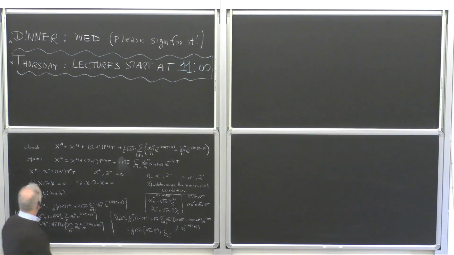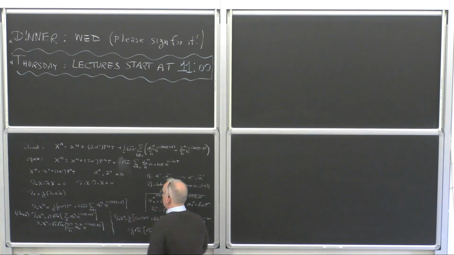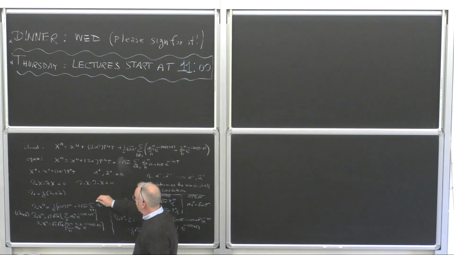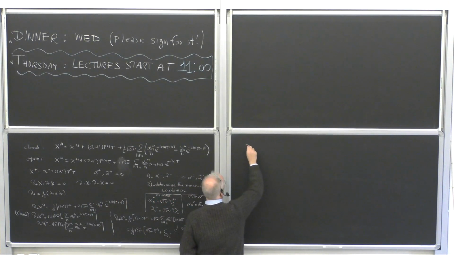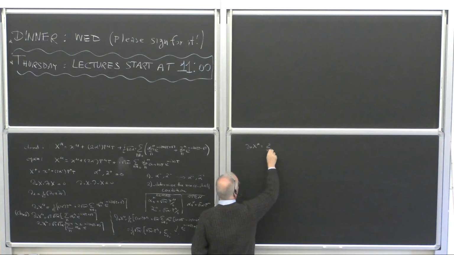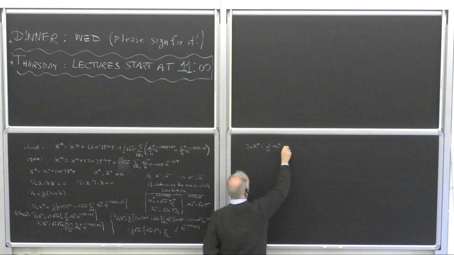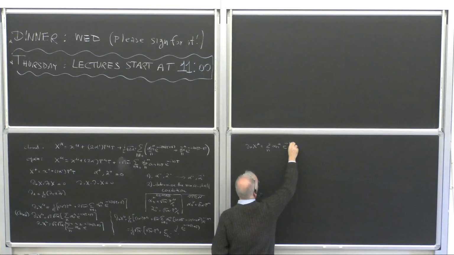Now, once you make this step, then these conditions can be expressed in terms of the alpha, because we know now that, for instance, d plus x mu is the sum on n, alpha n mu. So let's do the closed string, for example.